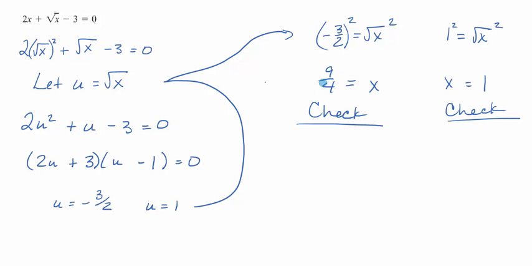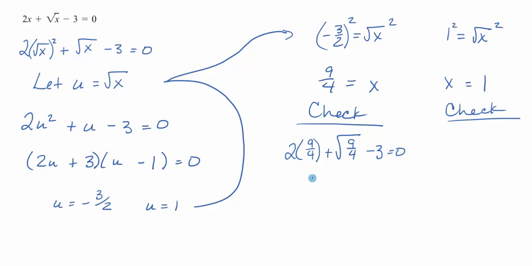So I'm going to put 9/4 into the very original problem before you did any operations. 2 times 9/4 plus the square root of 9/4 minus 3 equals 0.